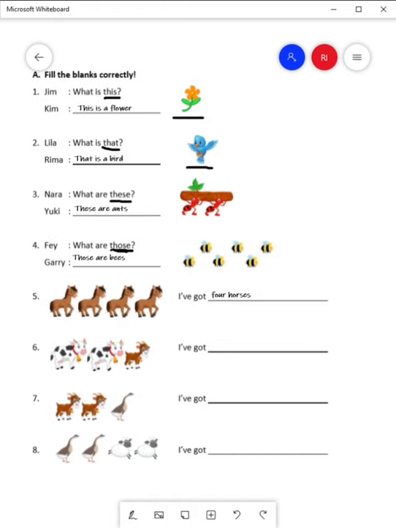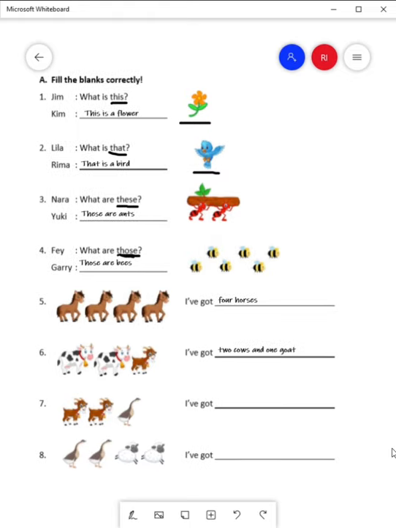Okay, for the next number, number 6. I've got 1, 2 cows and 1 goat. Okay, 2 cows and 1 goat.